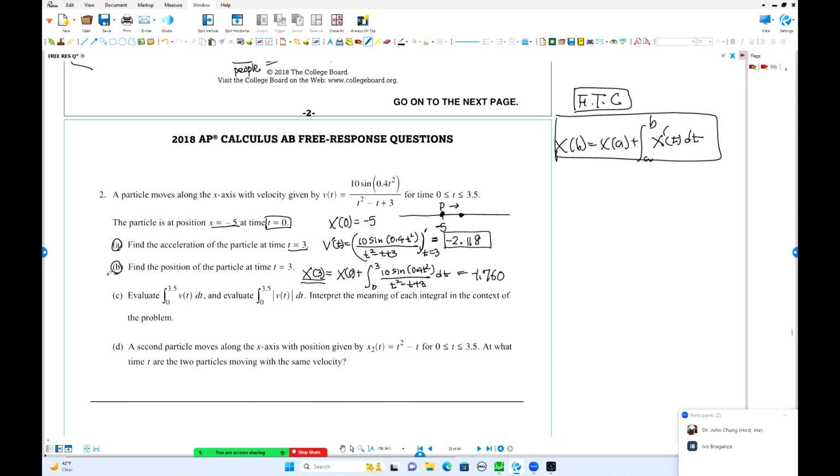Yeah, the next one is 0 to 1.5 v(t). We're gonna check this one. So 0 to 1.5 v(t). v(t) is what over here? 10 sine of 0.4 t squared minus t plus 3, okay, dt. Now check out this one.